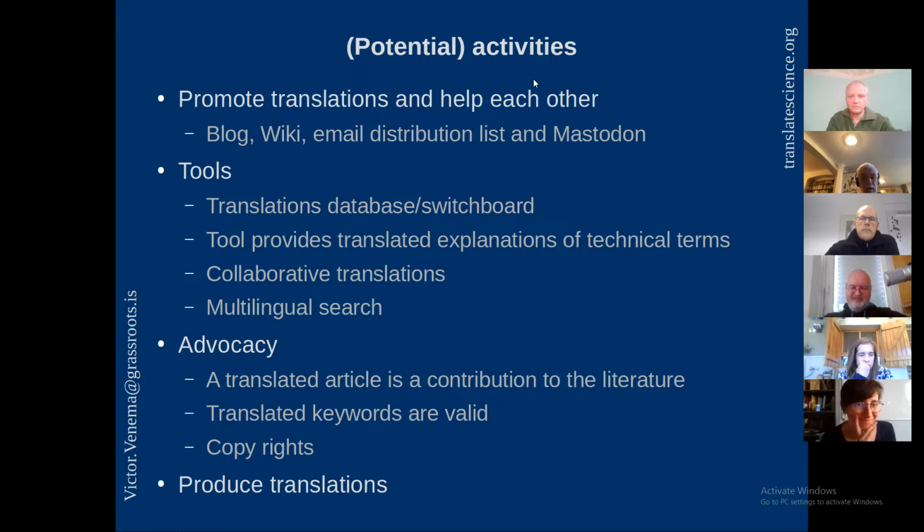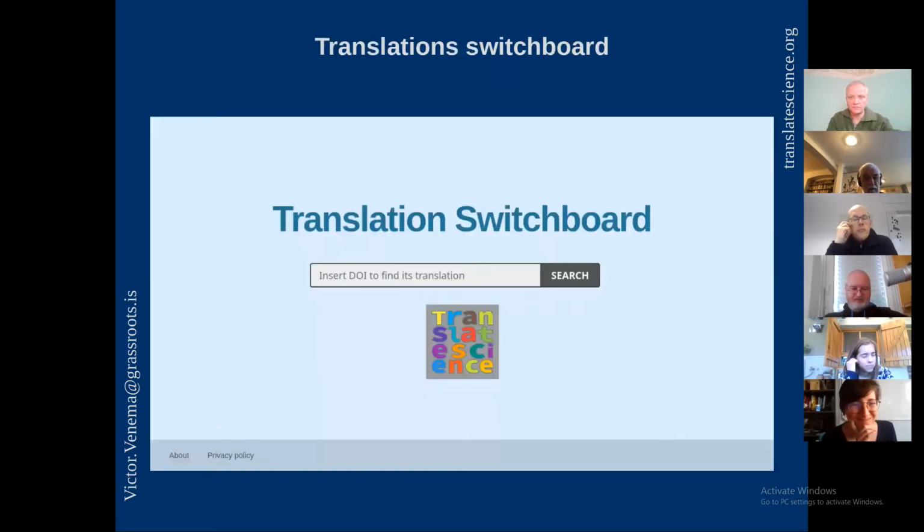On the one hand, I like now making more translations to make open access publications more worthwhile. But on the other hand, it's also a pity that at the moment we are not allowed to translate copyrighted works. And I hope we might be able to convince people to change such copyright things. And in the next presentation, we will see some people working on actually making translations, which of course is the final aim. So then on to the translation switchboard.